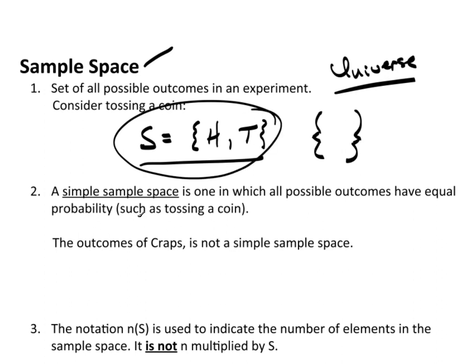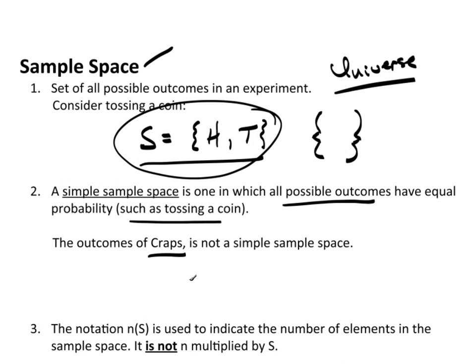Now a simple sample space is one in which all possible outcomes have equal probability, such as tossing a coin. This actually assumes you have a fair coin. If you have a fair coin, then a head is equally likely as a tail. The outcome of craps, as an example, is not a simple sample space. If you're not familiar with craps, it's a dice game. You take two dice and you roll them.